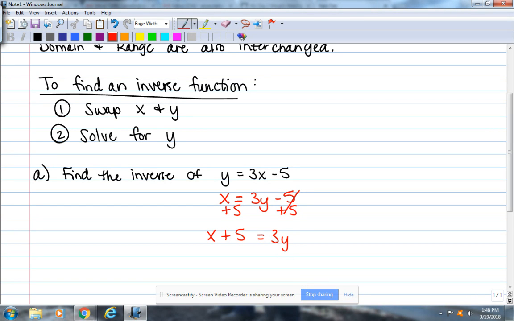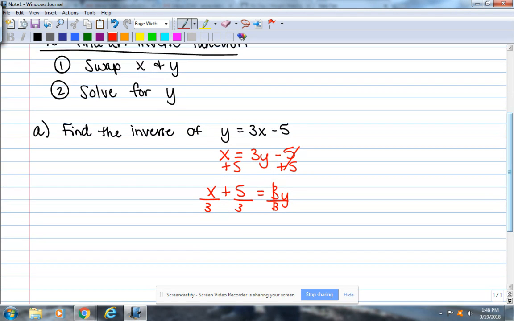Divide by 3, yeah. Divide everything by 3. And then we'll simplify. That x over 3 is the same thing as 1/3 x. Plus 5/3 will not simplify. Oh, that's supposed to be equals y. Or you can rewrite it y equals 1/3 x plus 5/3.